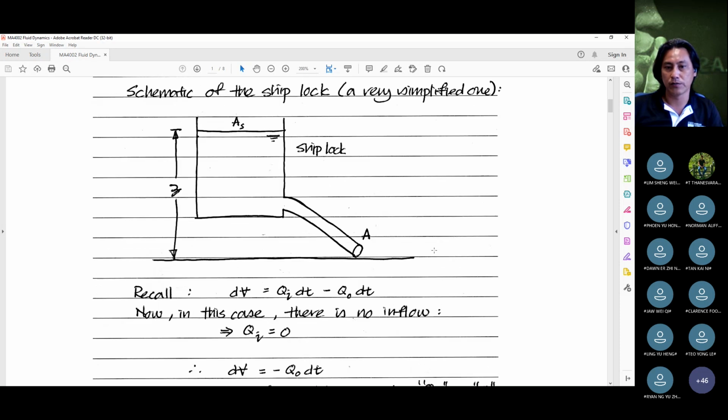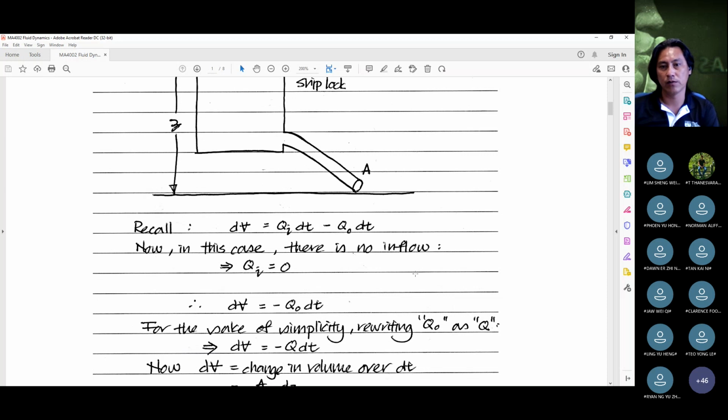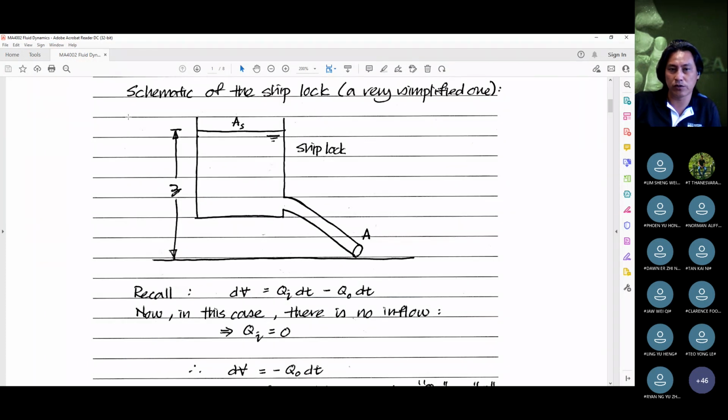Now, if you recall from our lecture notes, when we have fluid discharging or entering into a volume, we have to understand that this principle holds: the volume change is nothing but Qi dt minus Qo dt. Qi is the flow rate that's entering this volume, and Qo is the fluid that's exiting or leaving this volume.